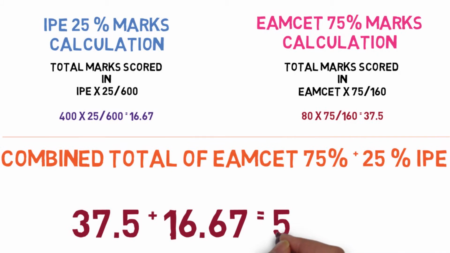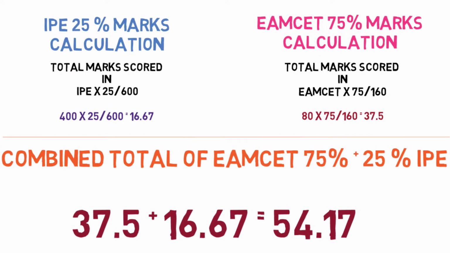For example, the student here has scored 37.5 in the 75% marks, and in the 25% marks calculation, he got 16.67. The combined total of this particular student is 54.17. This is a brief explanation of how the combined total of an EAMCET is calculated.